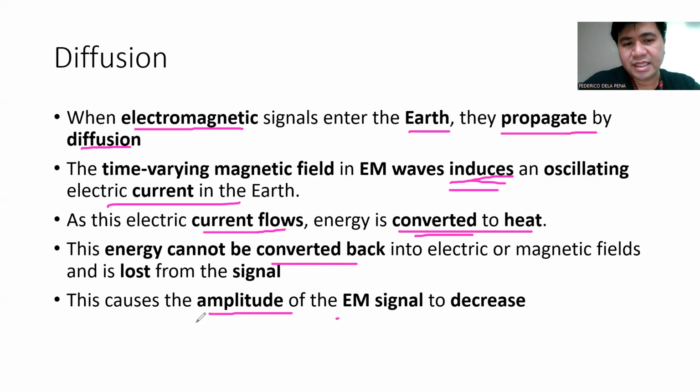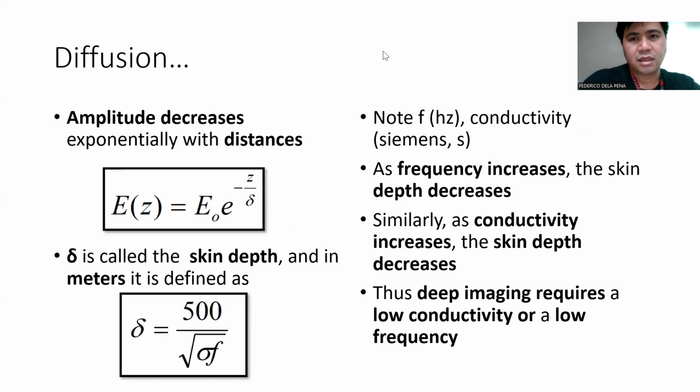So this process of diffusion, or the loss of signals into heat energy, also causes your EM waves to lose signal. And this equation simply describes the loss of signal with distance. So it's a function of distance and also a function of what we call the skin depth.